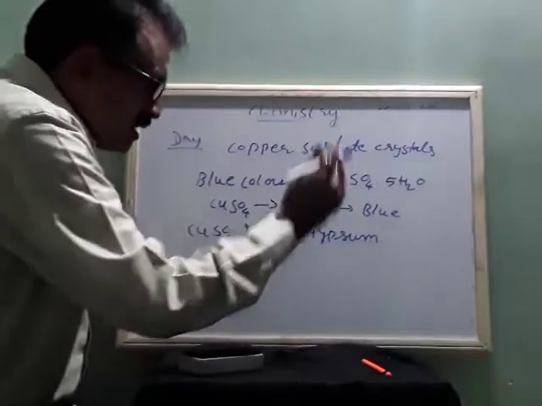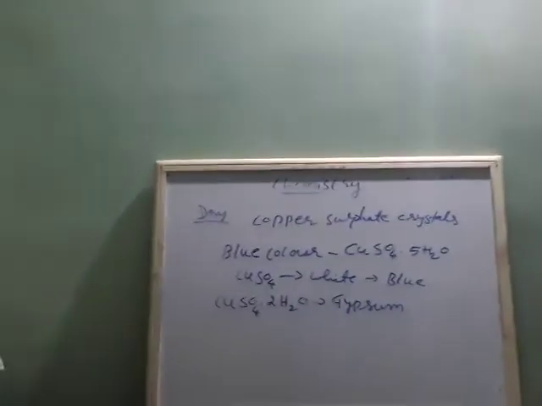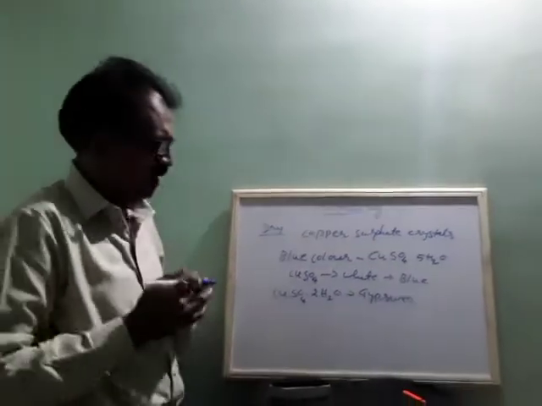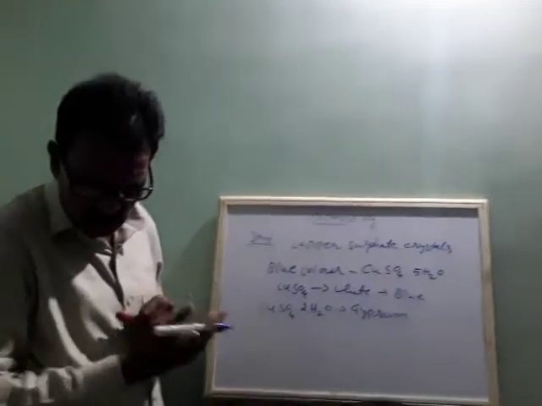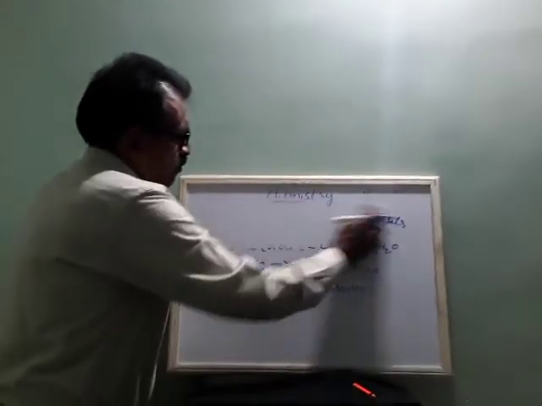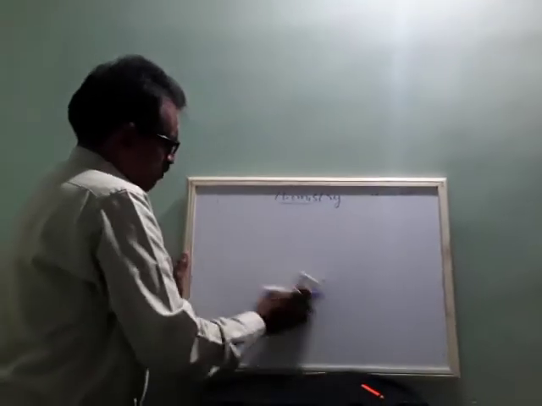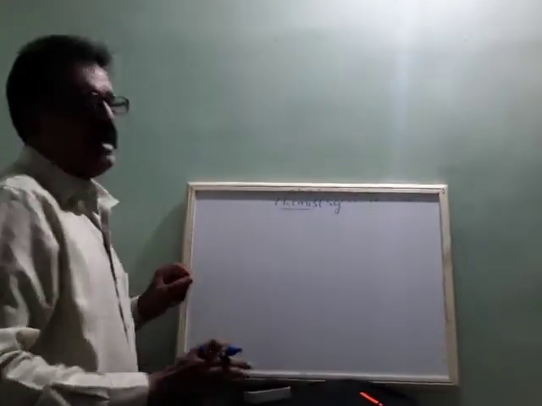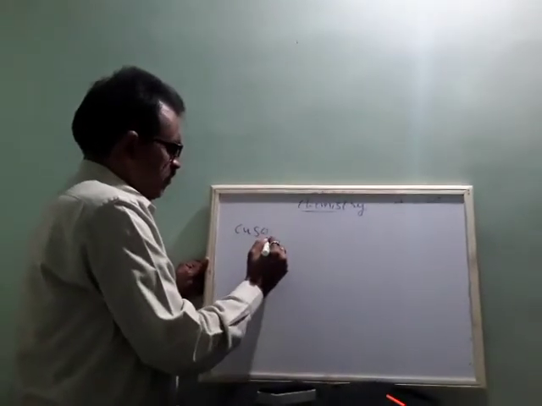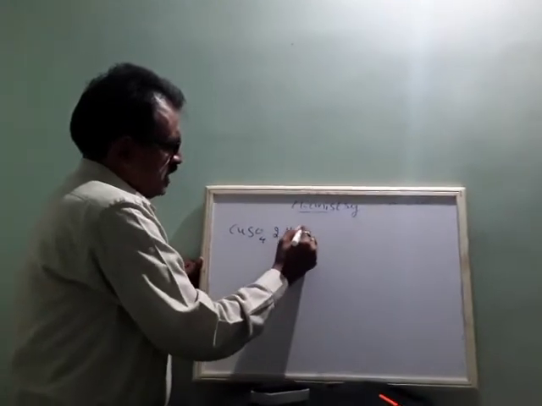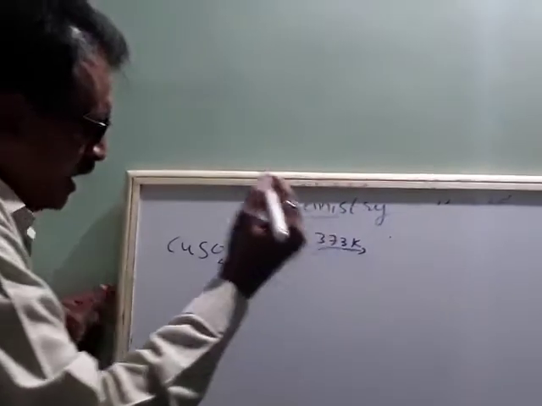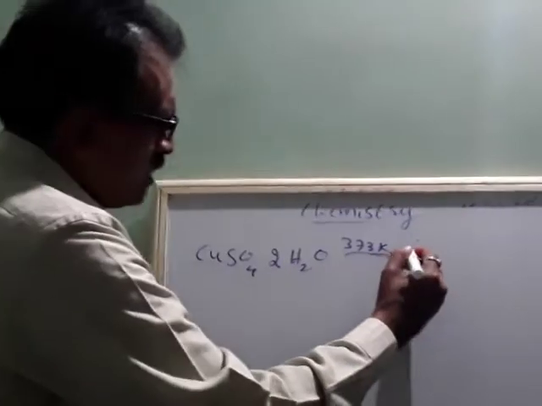So this gypsum is used as a raw material to prepare plaster of Paris, which we call POP. Now we'll try to find what is actually the importance of POP. On heating gypsum, we heat gypsum at how much? 373 Kelvin. So when you heat gypsum, what happens here?